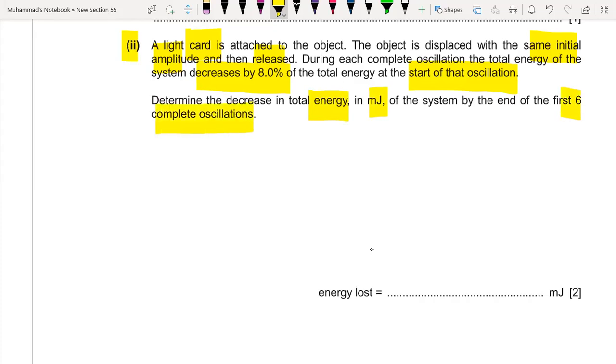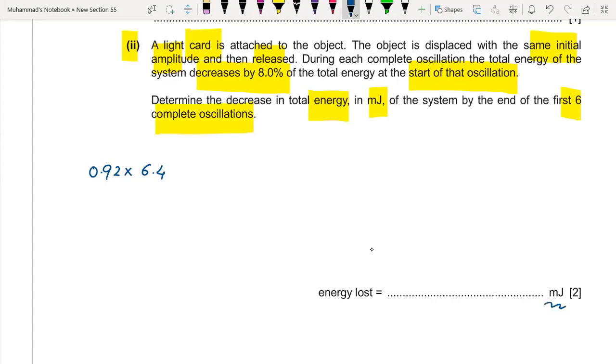So we have to find the total energy that is left. No, we have to determine the decrease in energy after the first 6 complete oscillations. So how do we do that question? You know that after one oscillation, energy left will be 0.92 times the initial energy, 6.4 millijoule.